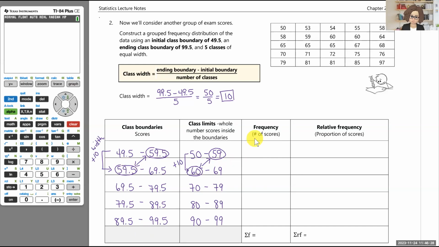And then we can start counting students. So basically students in the 50s, 1, 2, 3, 4, 5, 6, 7 of those. And if we count our 60s, you'll see 8. And then 70s, it looks like 6. 80s, just 3. And then 90s, just 1 student.